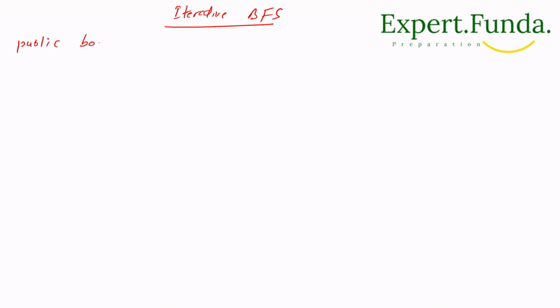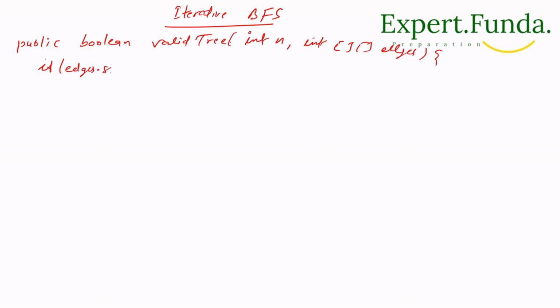We have public boolean validTree, in which we pass n, and then we pass the int edges. First we will check if edges.length is not equal to n minus 1, which means it is not connected, and then we will return false.